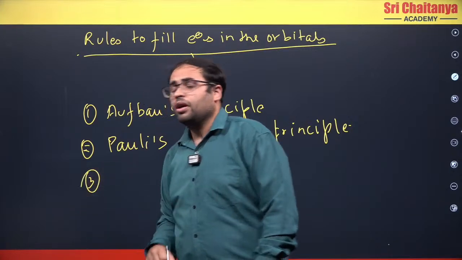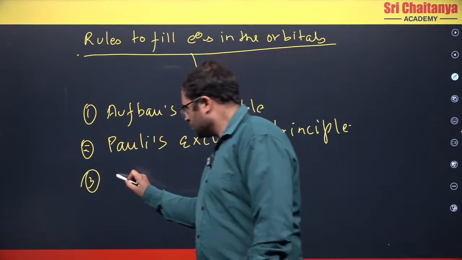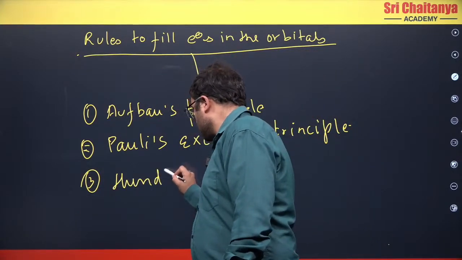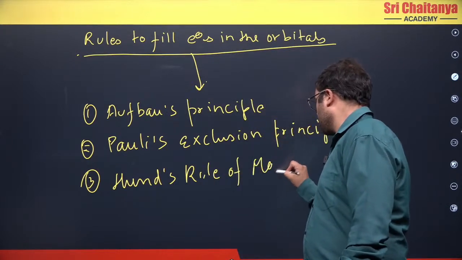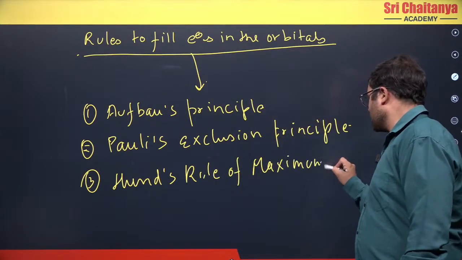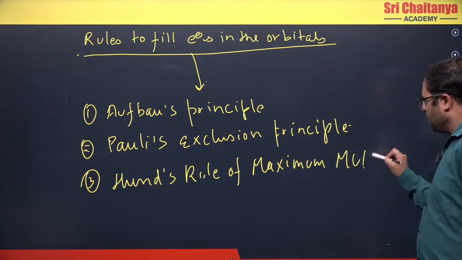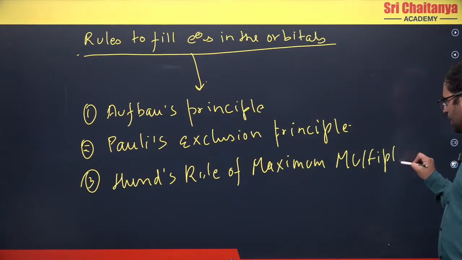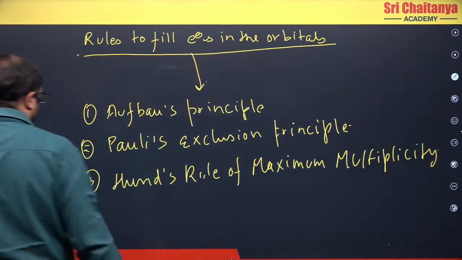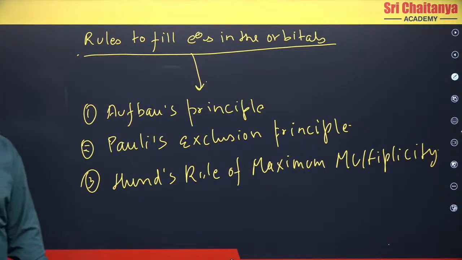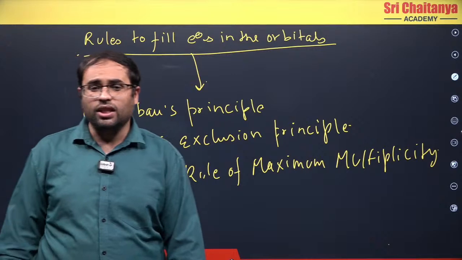Third, Hund's rule of maximum multiplicity. So these are the 3 rules according to which you will fill electrons in the orbitals.